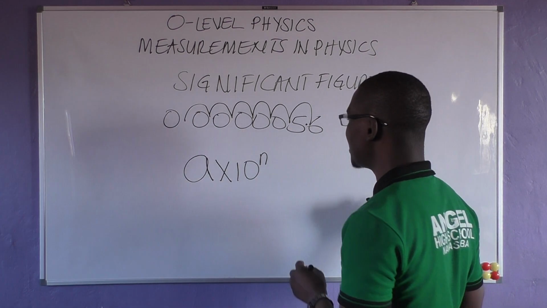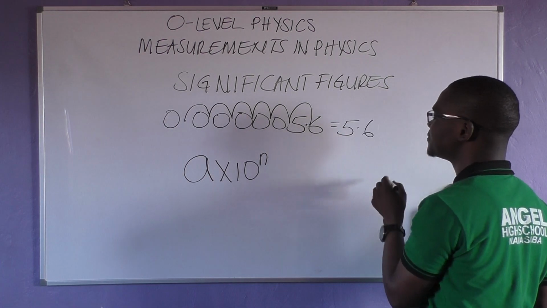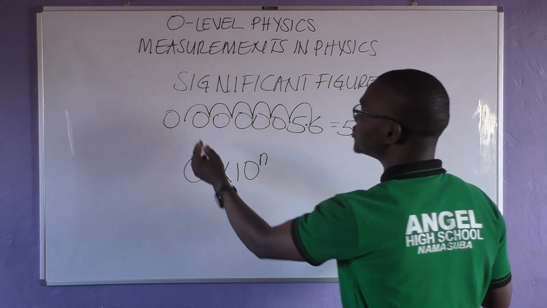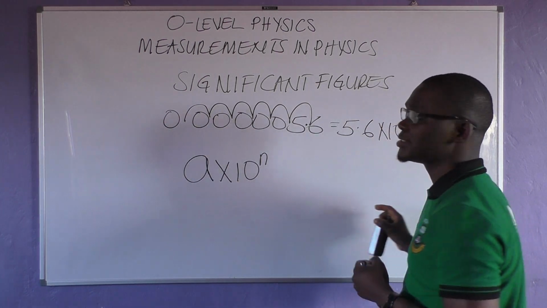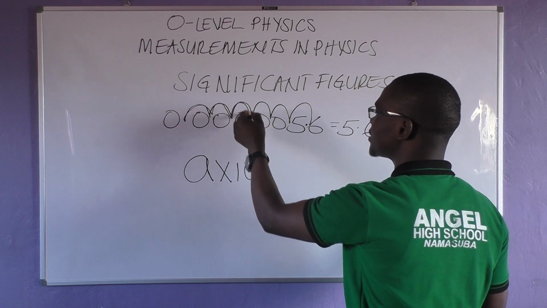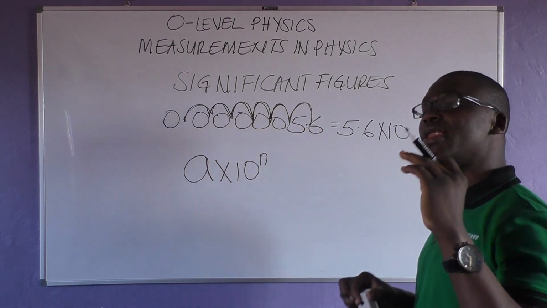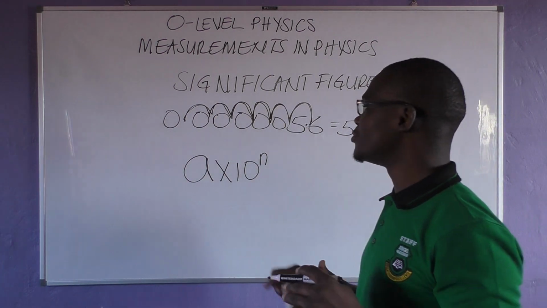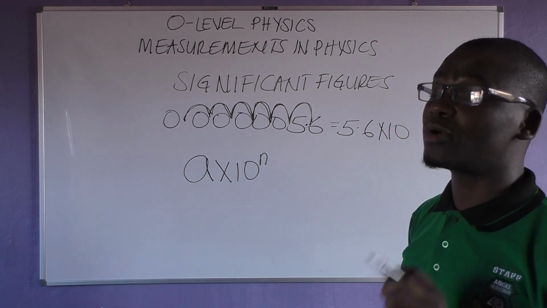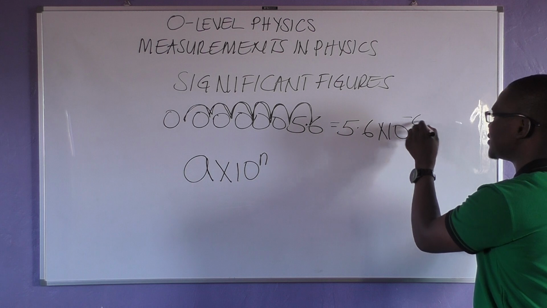And that will give us 5.6 times 10 power. We now count how many steps we have skipped. This is 1, 2, 3, 4, 5, 6. However, when moving from left towards right, we indicate a negative on our power. So that means that it is power -6.